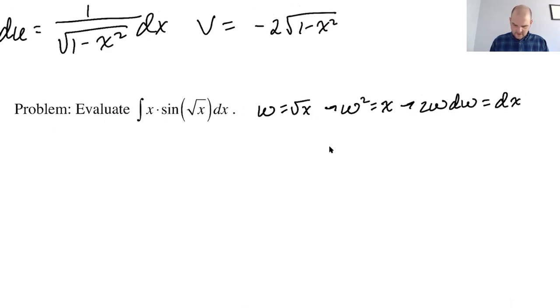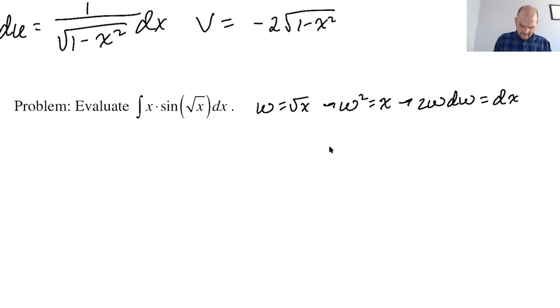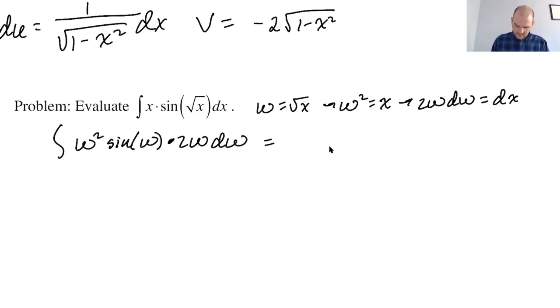And what substitutions can we make? All right, so we'll have the integral of x is w squared, sine of w, and then dx is times 2w dw. So the integral that we're going to try to deal with is 2 w cubed sine of w dw.